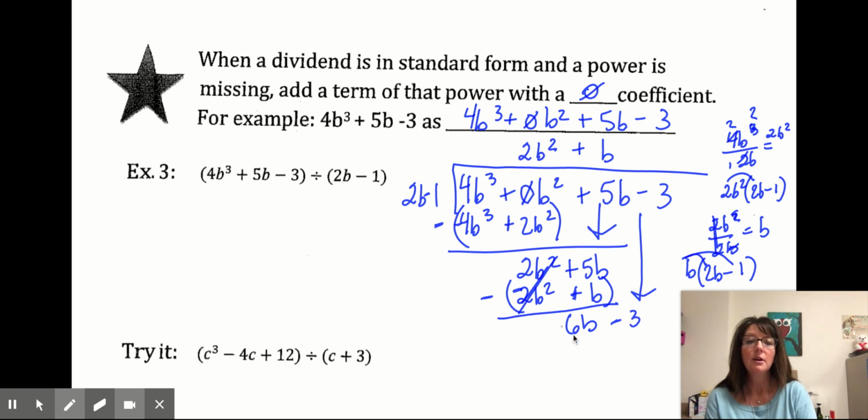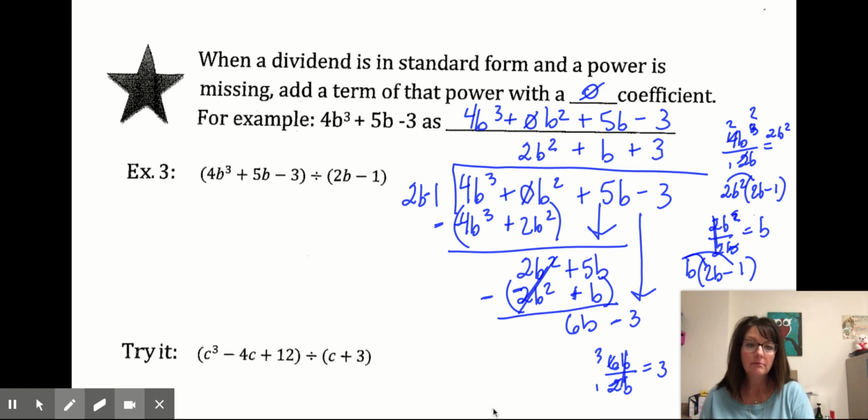All right, so now we're going to take 6b divided by 2b, because we're taking that first term into that first part. And this is going to become 3, right? Because the b's will cancel. All right, so we'll put that 3, it's a positive 3, up here.